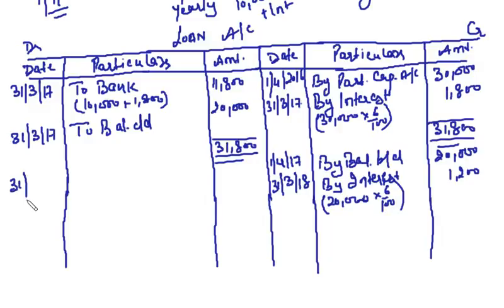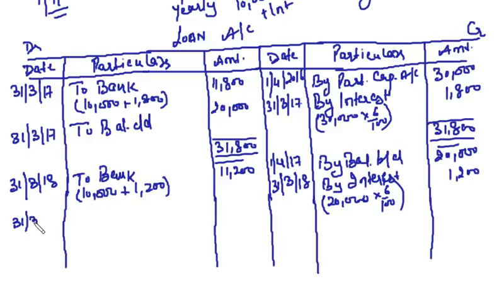And then on the same date, they will pay to bank. How much will they pay? 10,000 as the installment plus what is the yearly interest? 1,200. In all, they will be paying 11,200. On the same date, they will calculate their balance in the loan account.